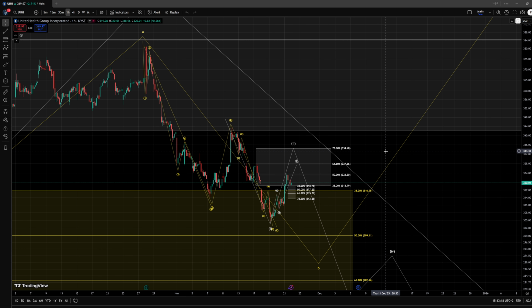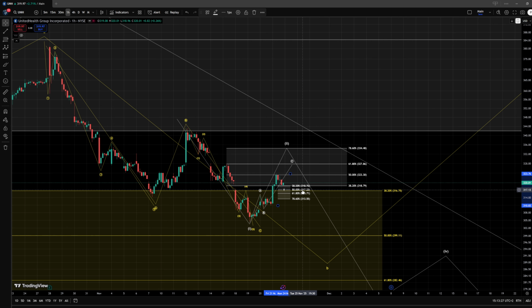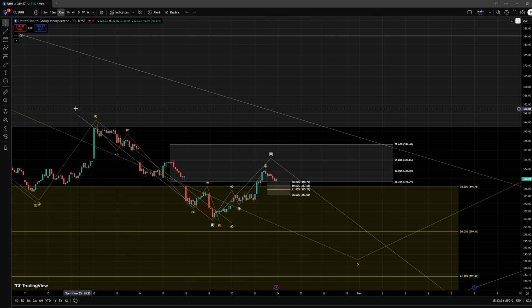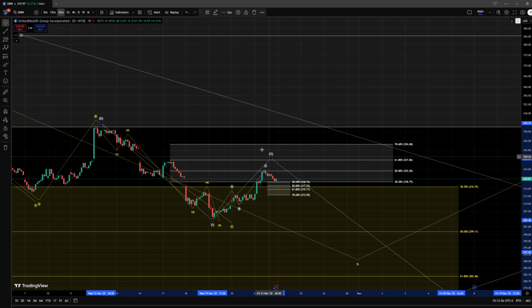We will need to be patient. We don't necessarily know which pattern is unfolding at this point, but we are watching the relevant resistance areas for this to play out. Now, internally, we could be witnessing a WXY here as well in this wave 2 in white. Could be a wave 2 in white, could be a wave 2 in yellow, as I was saying.